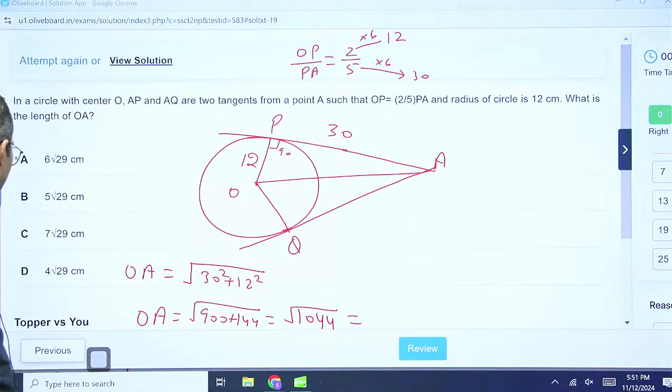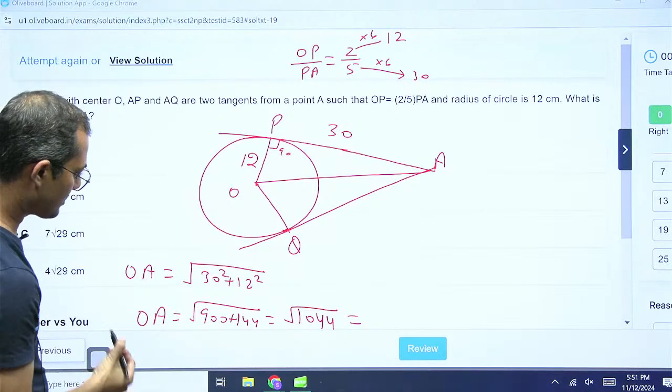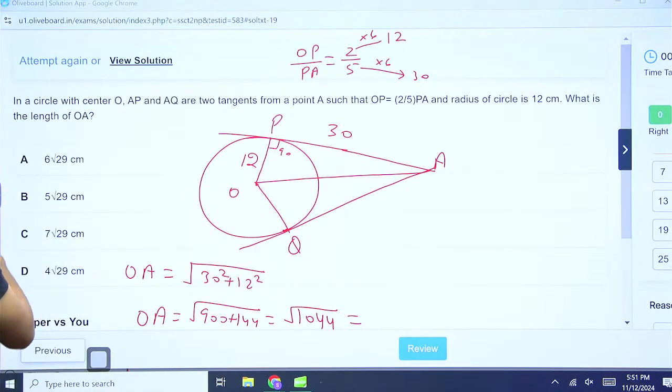So in root we have 29, right? So I think A part is the right answer.